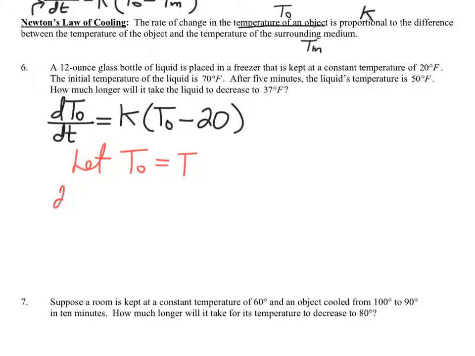So dT over dt, a little cleaner version of it. You don't have to do that if you don't want. You'll notice after a little while, I'm writing those subscripts very frequently and it's kind of annoying. All right? So clean it up.